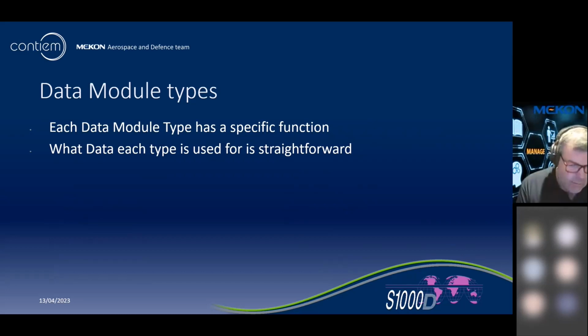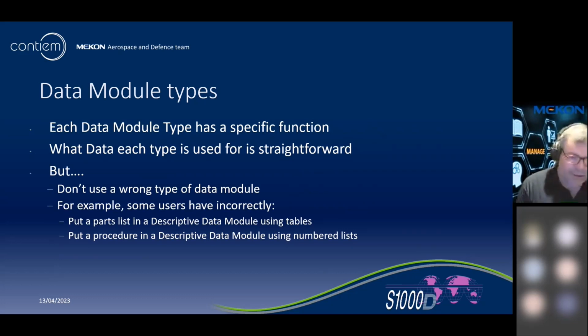But what I see a lot, and what in the long run really harms projects, and it's a good one to have in the back of your mind, is using the wrong type of data module for the wrong information. There is a specific parts list data module, designed to pull information from S1000M and transform it into the illustrated parts, and that can then go into your product.